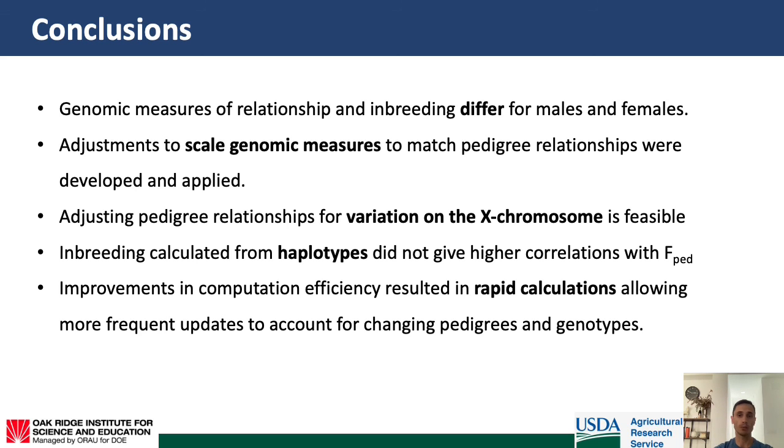Inbreeding calculation from haplotypes did not give higher correlations with pedigree inbreeding than using inbreeding calculated from the G matrix. Finally, the improvements in computation efficiency resulted in rapid calculations, allowing more frequent updates to account for changing pedigrees and genotypes.